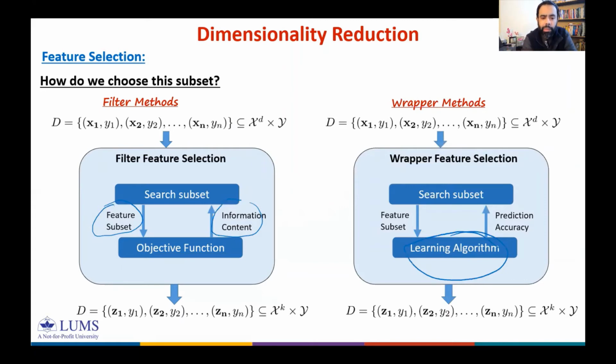Once I'm happy with the performance of the classifier, or I'm getting the desired classification or prediction accuracy, I will pass on that subset to the output. So both of these methods would generate dimensionality reduced data. We have a feature space of D dimensions at the input, and a feature space of K at the output, where we would love to have K much less than D.